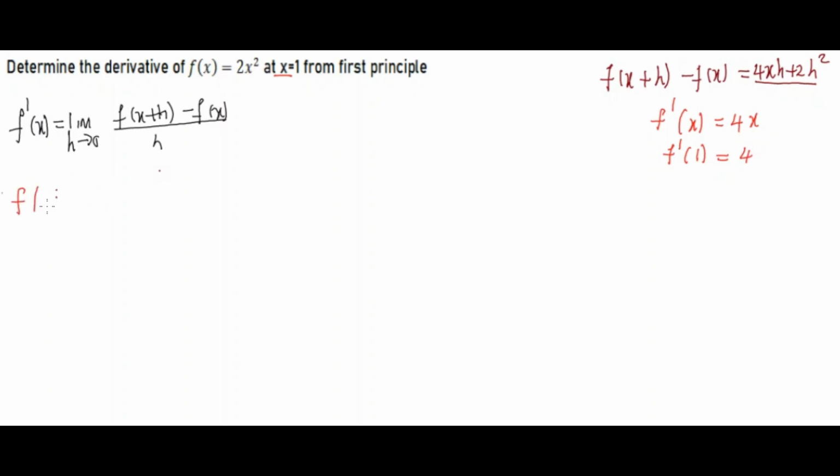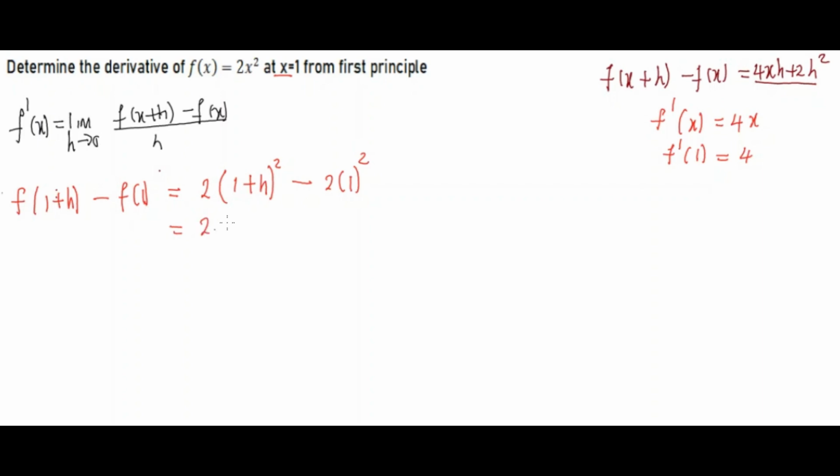So our f, where there is x, you're going to put 1. So you'll have f at 1 plus h minus f at 1. So in the equation, where there is x, you're going to put 1 plus h. So you're going to have 1 plus h all squared. And f at 1, when you substitute 1 here, you're going to have 2 times 1 squared.